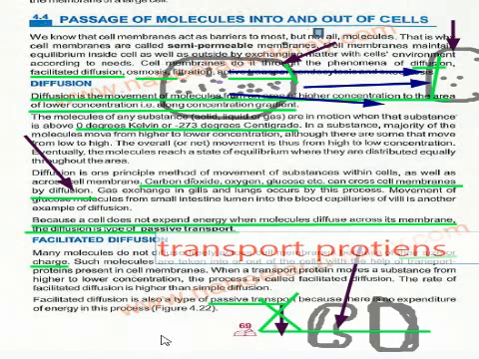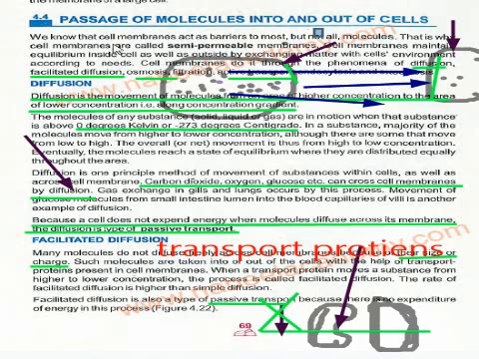In case of simple diffusion, there are no transport proteins. One more thing: there is no expenditure of energy. That is why it is passive transport. Both are a type of diffusion, so no energy is needed. But in facilitated diffusion, carrier proteins are present.